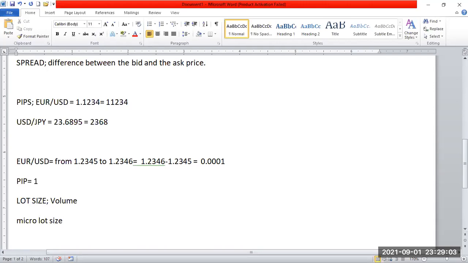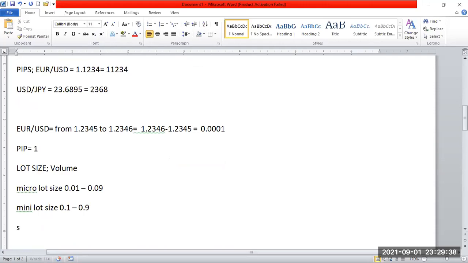So micro lot size ranges from 0.01 to 0.09. The mini lot size ranges from 0.1 to 0.9.